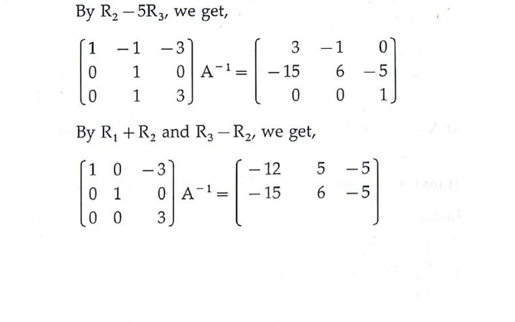Similarly on the opposite side, R3 is 0 and R2 is minus 15, so 0 minus minus 15 is plus 15. Next, R3 is 0 and R2 is 6, so 0 minus 6 is minus 6. The last column is 1 minus minus 5, that is plus 6. This is the way the third row is changed. If we check, the first column is converted to 1 0 0 and the second column is converted to 0 1 0.